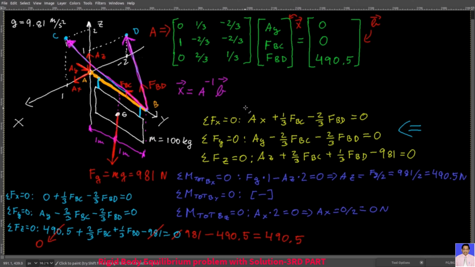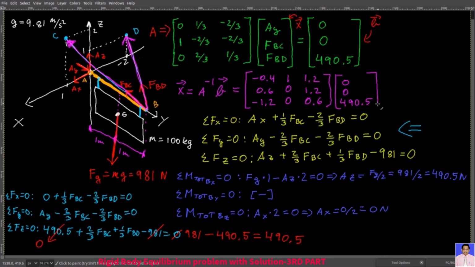In the previous course, Statics Part 1, I simply recommended you use some kind of inverse matrix calculator that you can easily find on Google, where you type in your A matrix and it gives you inverse A. So this is my inverse A matrix times B, and that's your result. The first element is AY, 588.6 newtons.